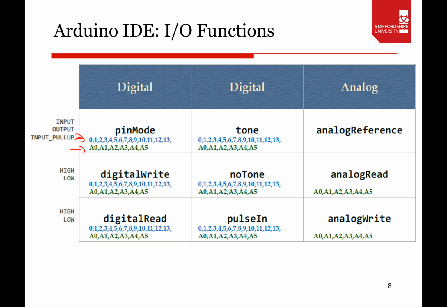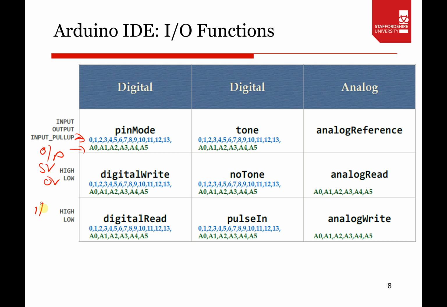So digitalWrite is write a high or a low, so a 5 volt or a 0 volt, to a particular pin. And digitalRead is the opposite. So digitalWrite is used when this is an output pin.